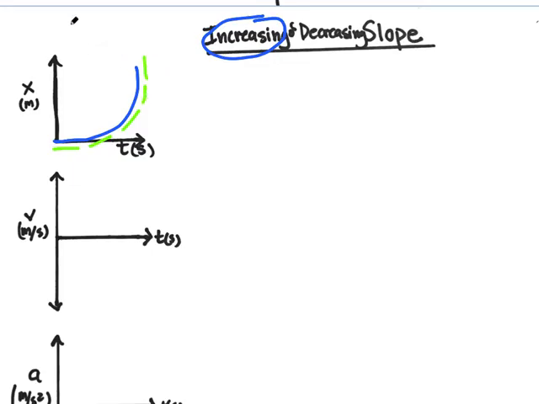Now, if your line is vertical, so if it looks like this, that means you have a greater velocity. Maybe I shouldn't use the word great. Let's use the word faster. If your line looks like, here, let's put it over here, if it looks like that, that means it's going slower.